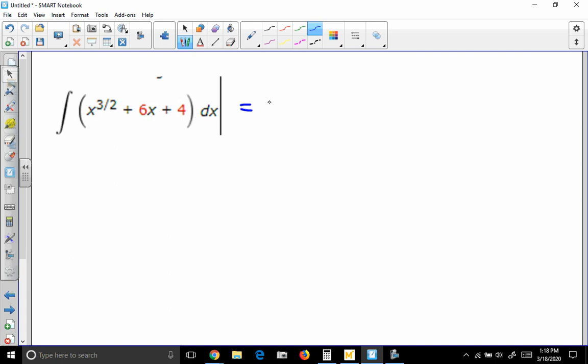So for the first term, we want to increase our power by 1. And let's just come over on the side and say, what is 1 more than 3/2? Well, we would need a common denominator of 2. So if we double the bottom, we would double the top. So 5/2 would be our new exponent. So if we add 1 and make that 5/2, then 5/2 is what we divide by.